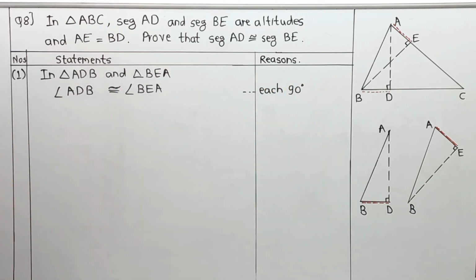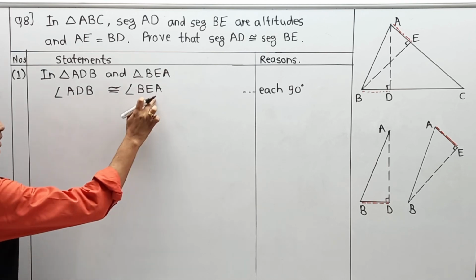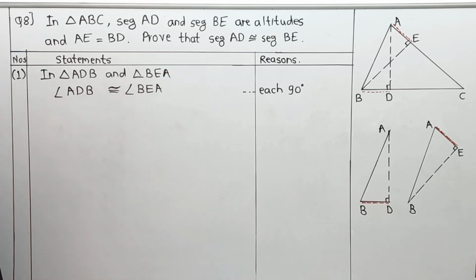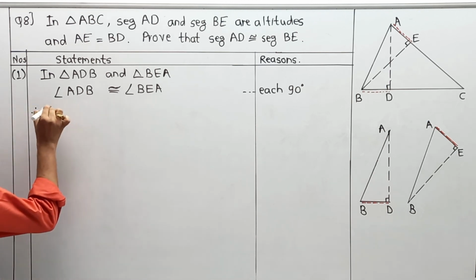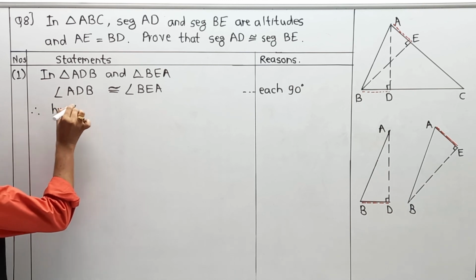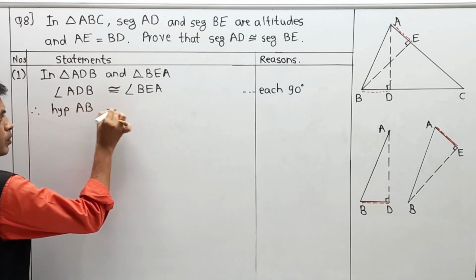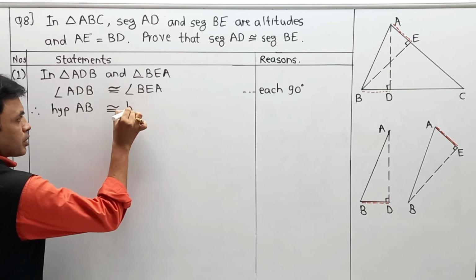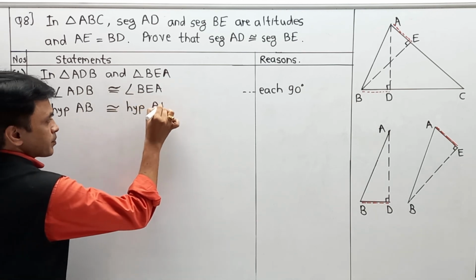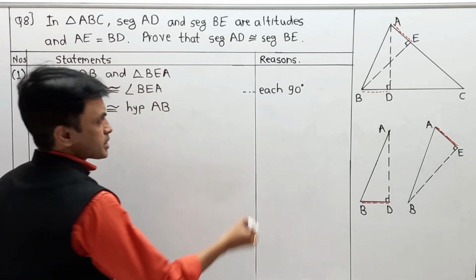Next, after writing the part each 90 degree, our second part is opposite to it, means hypotenuse. So therefore hypotenuse AB congruent to hypotenuse AB, reason common side or same side.